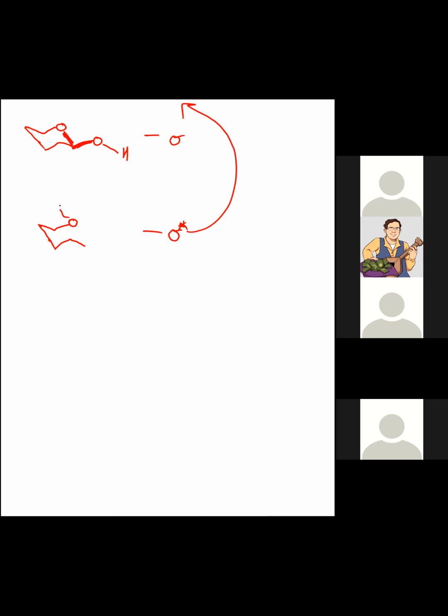So if we think about what that looks like, we have that. Of course, we have no electrons in it because it is an antibonding orbital.